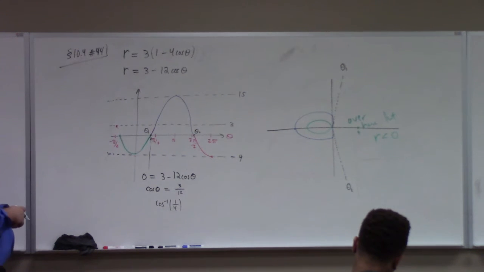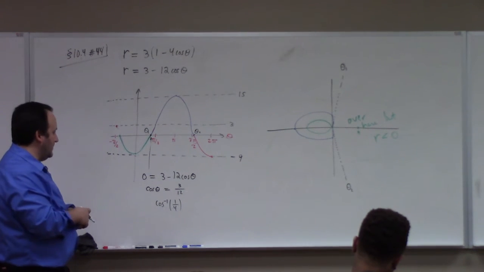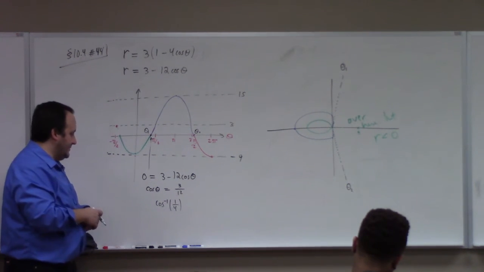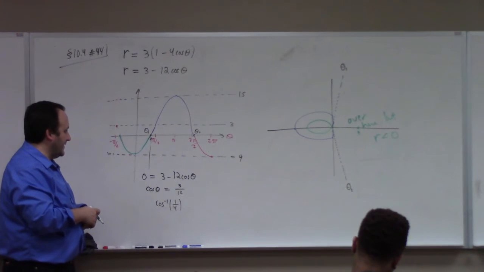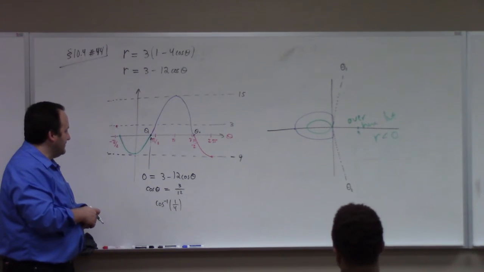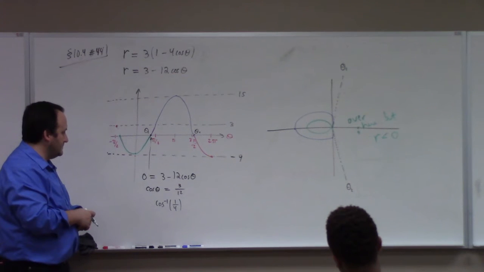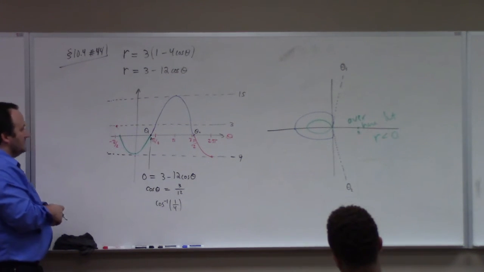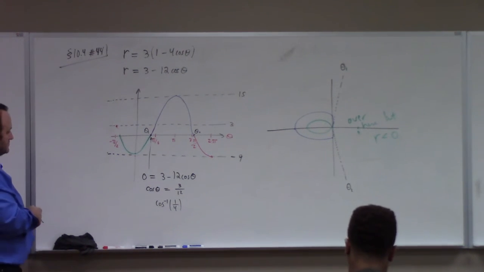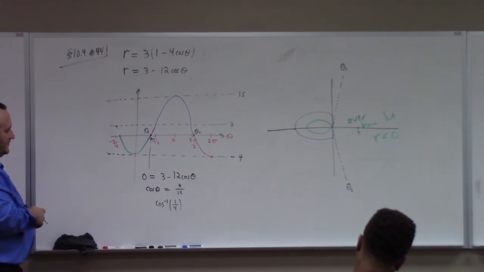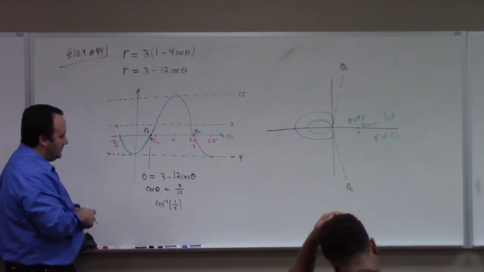So to be precise, I'd actually have to find the inverse cosine of a fourth, I guess. Inverse cosine of a fourth should give me theta 1.